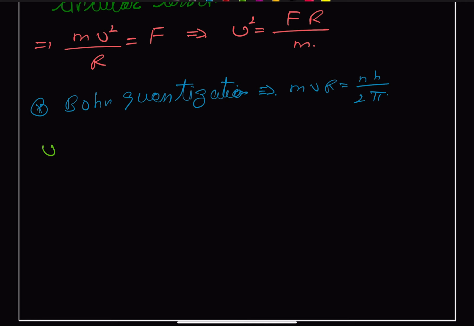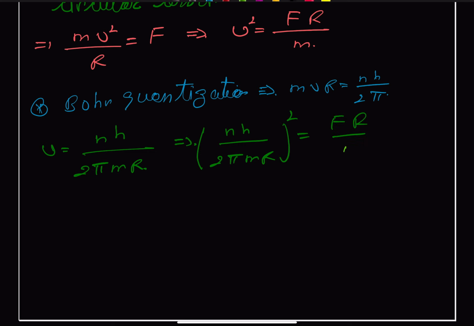So velocity v will be equal to nh upon 2 pi mr, and we substitute this value of velocity, we are going to get nh upon 2 pi mr whole square is equal to Fr upon m.